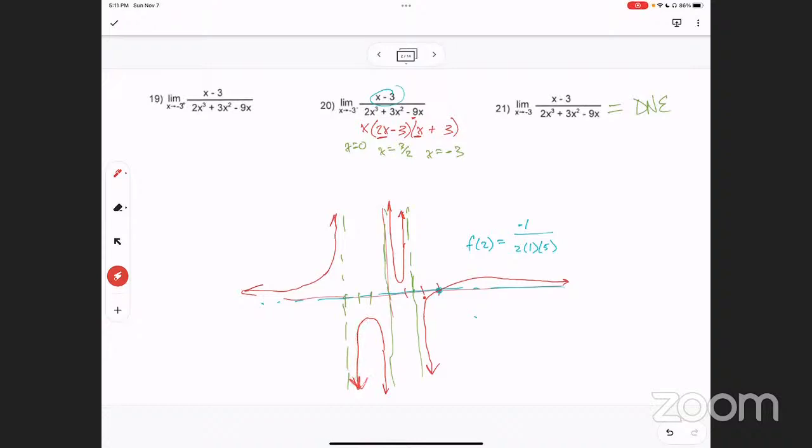Do you understand? But generally, all you have to do is plug in a number to the right of -3, really close to it. Like, for instance, -2. Unless a number between -3 and -2 is a zero, then you would have to plug in something even closer, like -2.9.